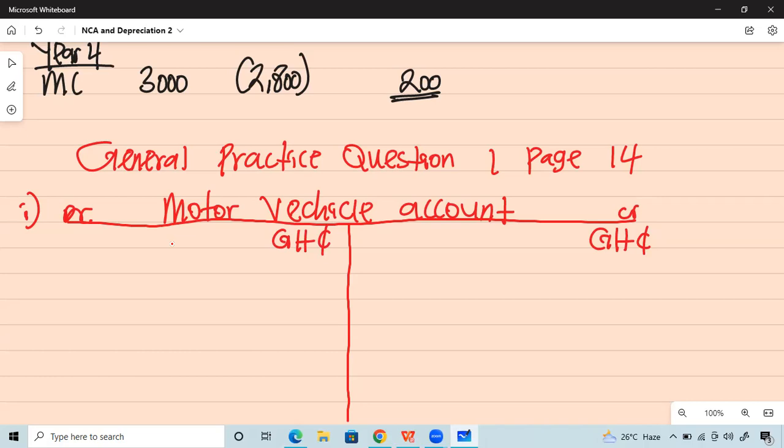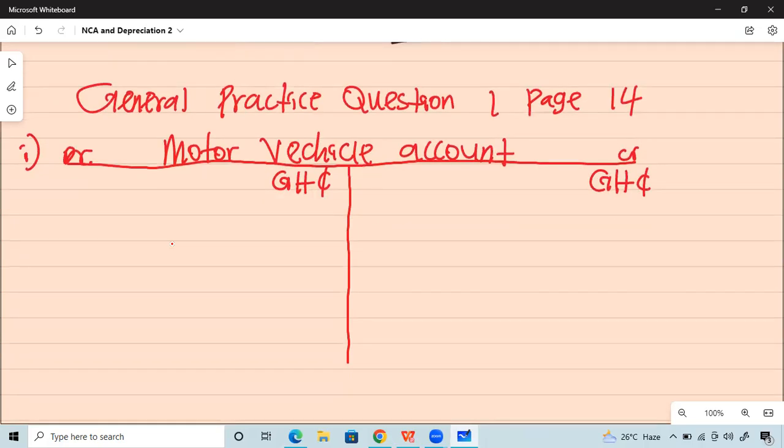Okay. So these are the relevant ledgers. Starting from the first one, this is an asset account. When you are buying, you debit. If your asset account is increasing, you debit. So this is the first year, which is 2009.